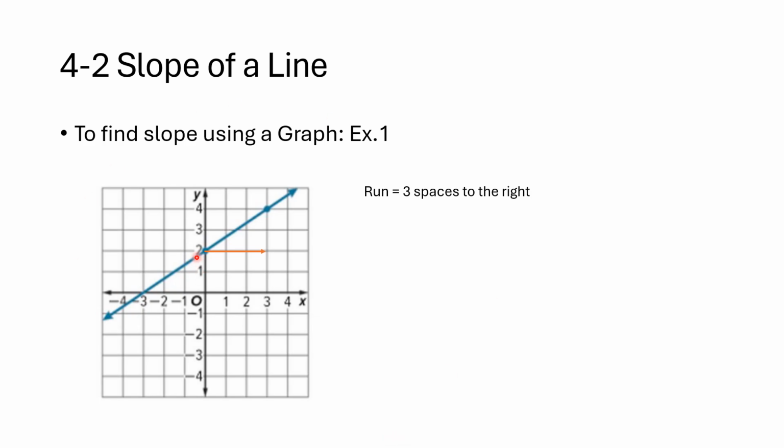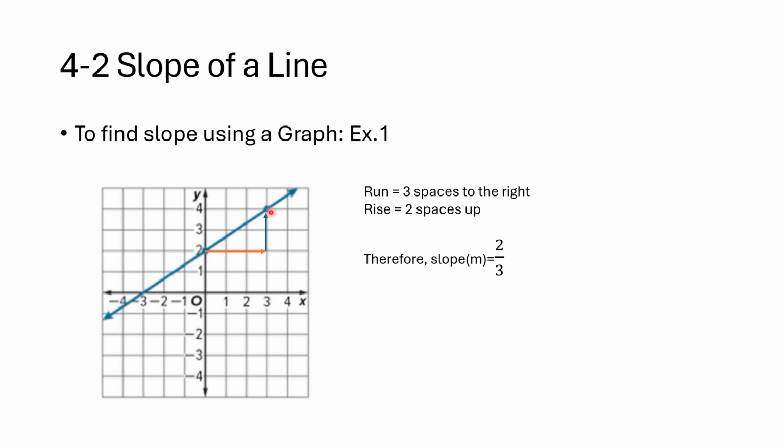How many spaces to the right do we have to go to get from one dot to another dot? Well, in this case, it's 1, 2, 3 spaces to the right. And from there, how many spaces up do we have to go to get from one dot to the other dot? In this case, it's 1, 2 spaces up.